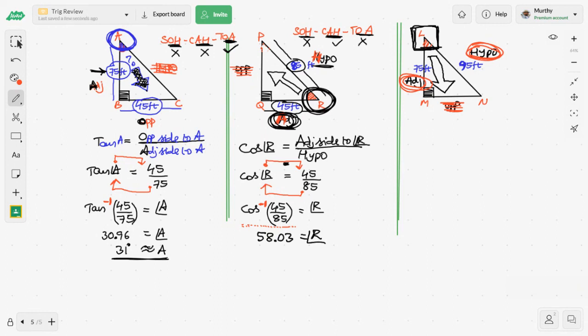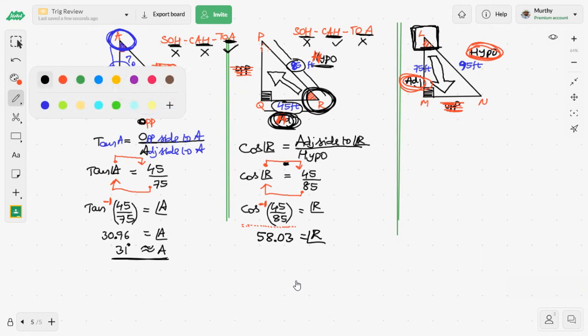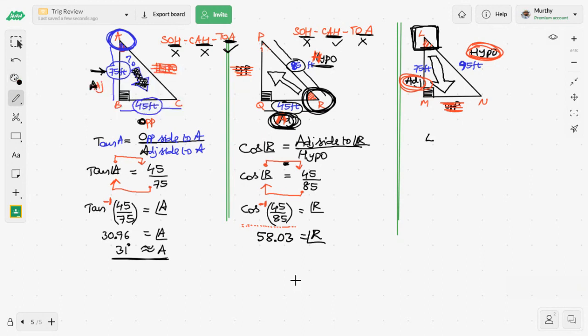Okay, you may try this on your own. You may pause the video, find it, and I'll disclose the answer just now. So pause the video and compute it on a piece of paper and check your answer. The value of angle L, I found that it is 37.86 degrees.